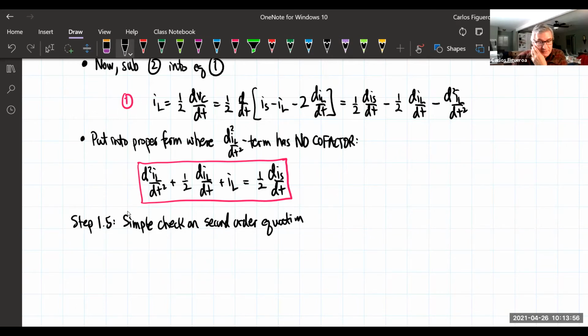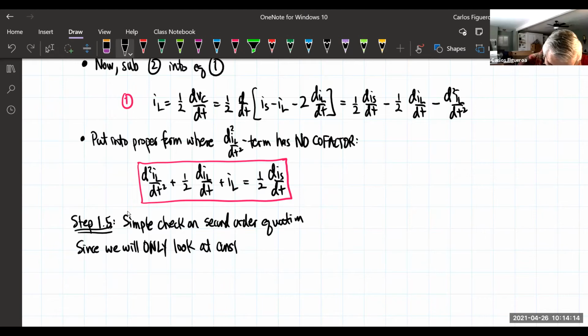Since we will only look at constant sources, IL at infinity must be equal to a constant.